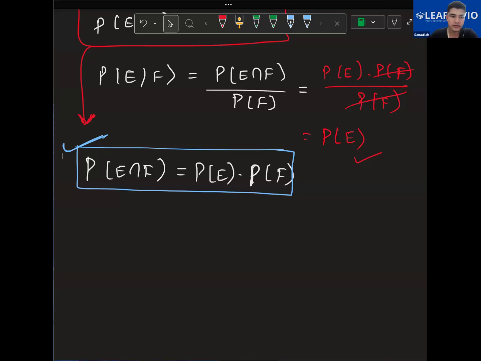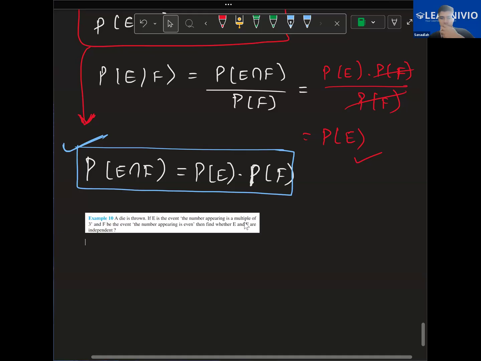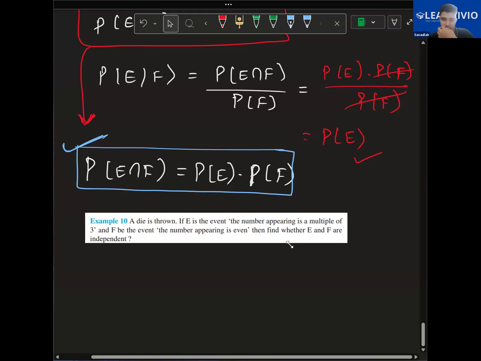Okay, now let's solve a question. In this question, we will see how mathematically we come to know whether we have independent events or not. We have to check whether E and F are independent.